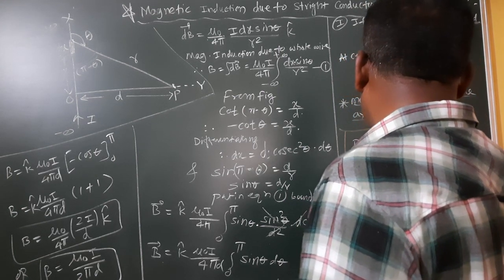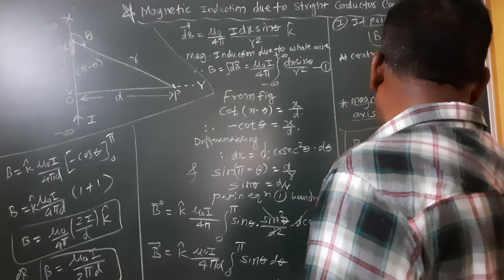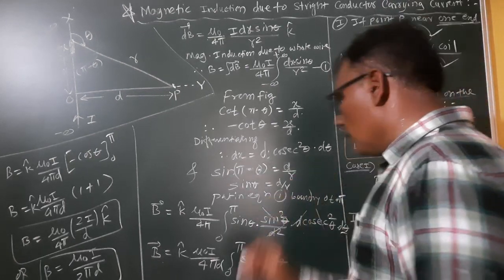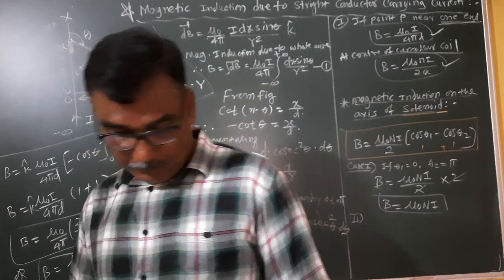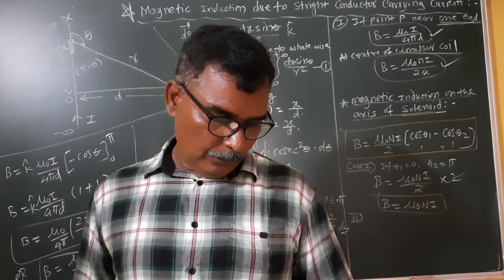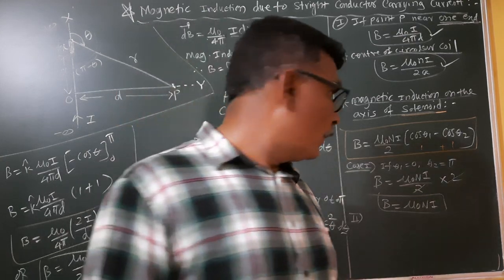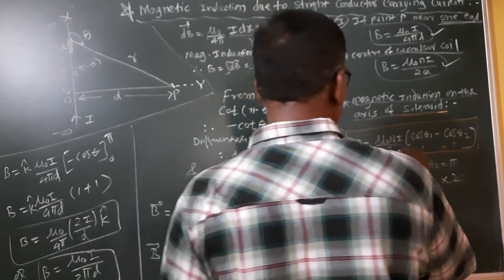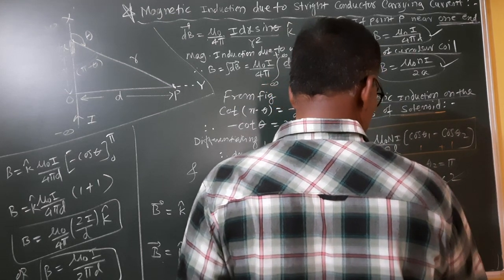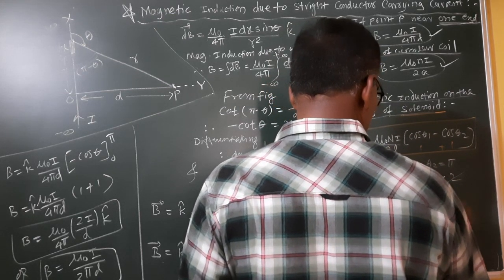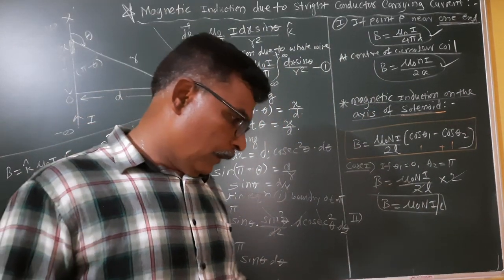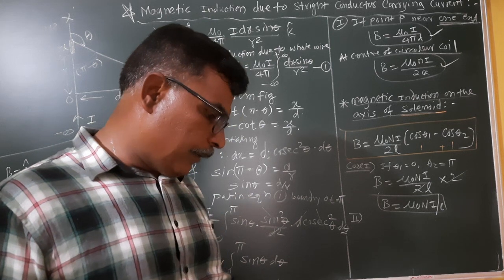The 2 gets cancelled. For the solenoid, B is equal to mu 0 N I upon 2L, sorry, here L. This is the formula for the solenoid we have to consider.